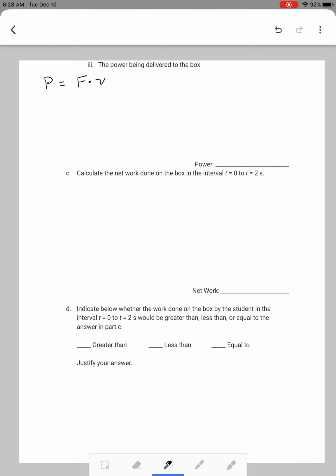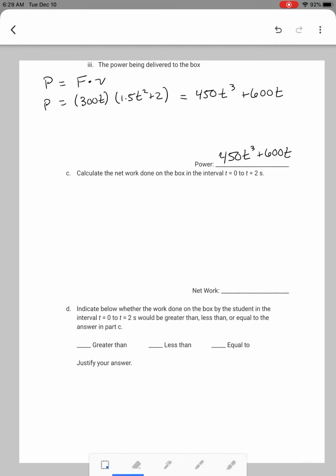We have a force function, we have a velocity function. So let's multiply them. Power is equal to 300t times (1.5 t squared plus 2). So I get that the power is equal to 450 t cubed plus 600t. So that's method 1 to figuring that one out.